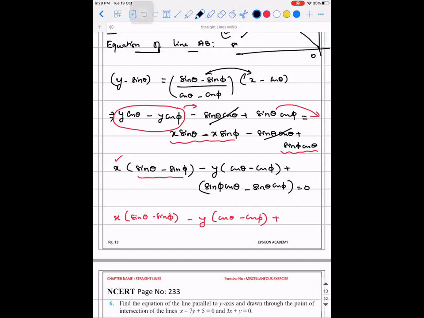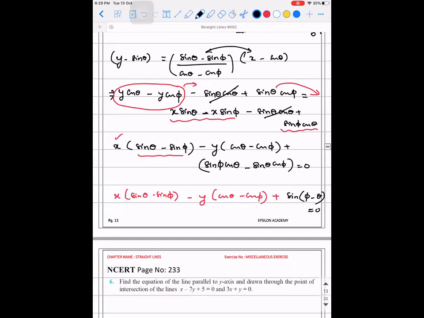Sin A cos B minus cos A sin B, that is sin of A minus B. So x into sin theta minus sin phi minus y into cos theta minus cos phi plus sin of phi minus theta is equal to 0. So what is the distance from origin to this line?